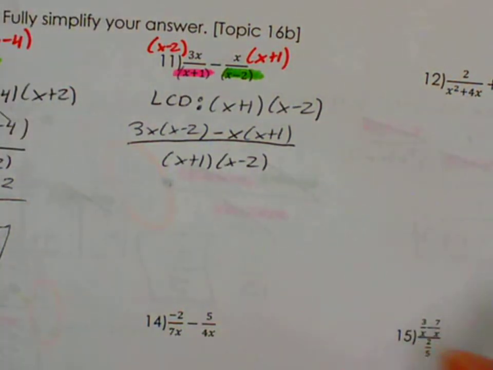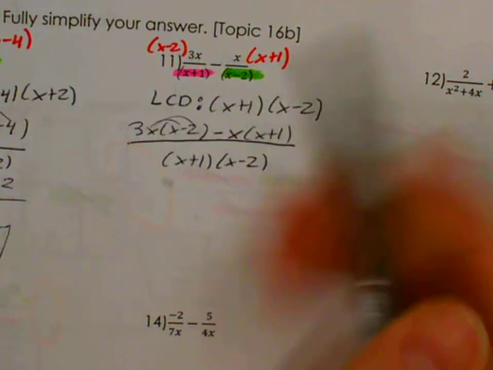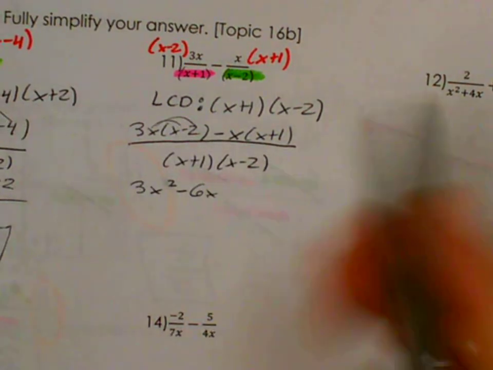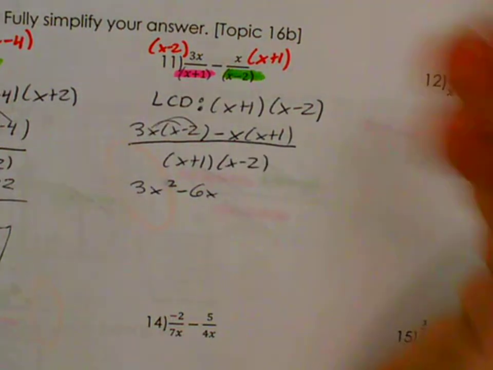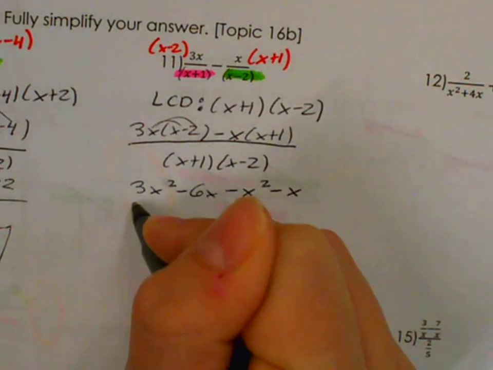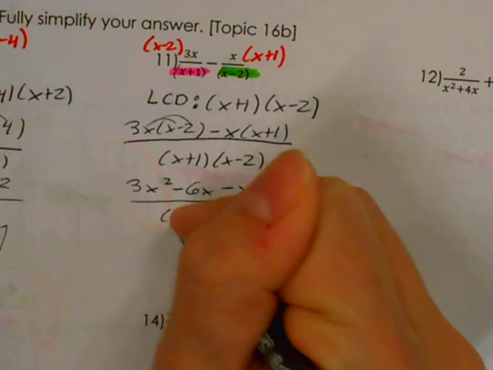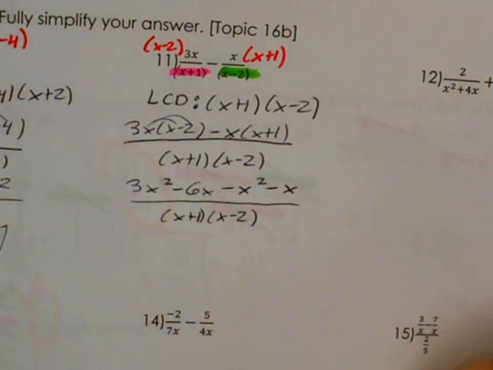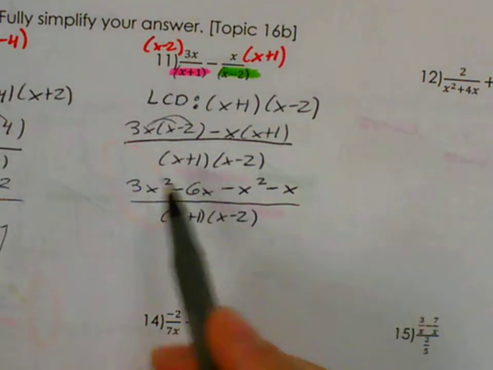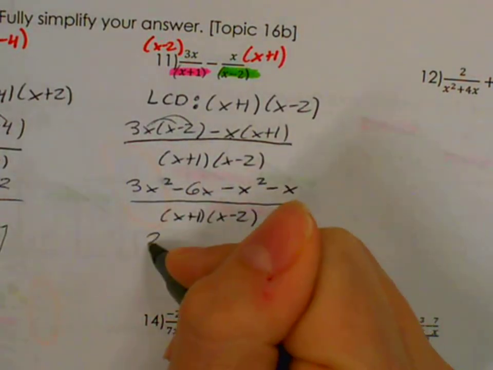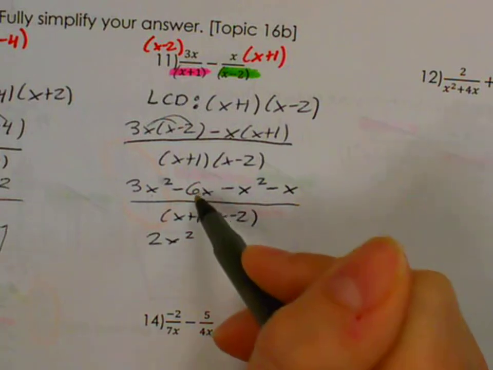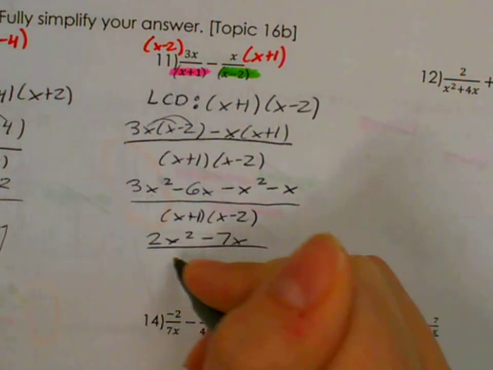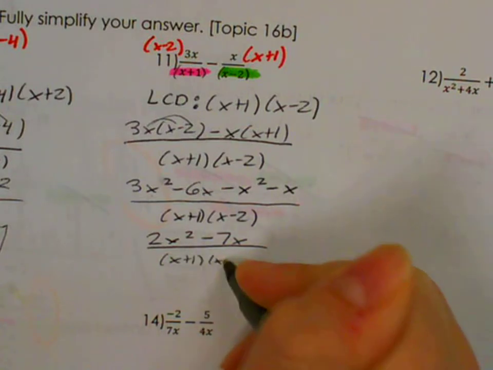So now I'm going to distribute. I'm going to distribute this 3x. That gives me 3x squared minus 6x. I'm going to distribute the negative, x squared minus x, and it's all over the least common denominator of (x plus 1)(x minus 2). Now I'm going to combine like terms. 3x squared minus x squared is 2x squared, minus 6x minus x is minus 7x, all over (x plus 1)(x minus 2).